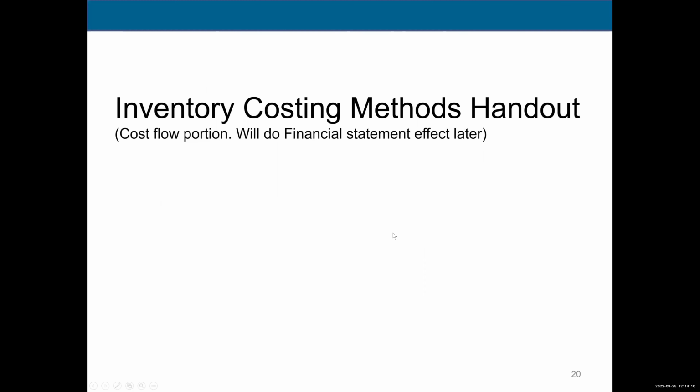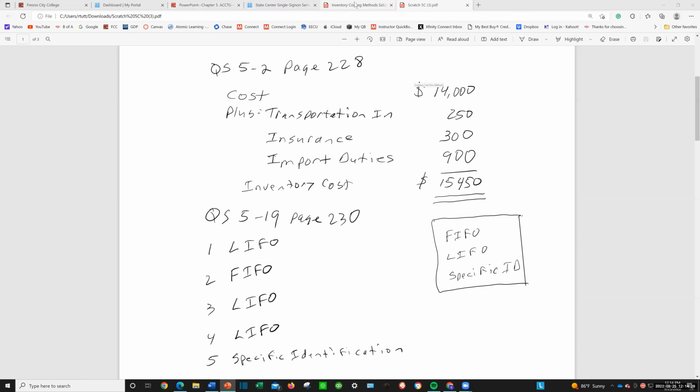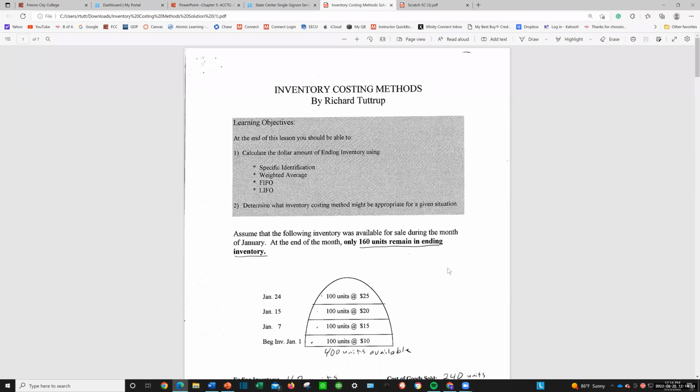So at this point, I'd like to go over a handout that I gave you in Canvas. It's under Bring to the Session, and it's really, really good. Matter of fact, let me get it, and I'll tell you why it's really good. You need to write this down.